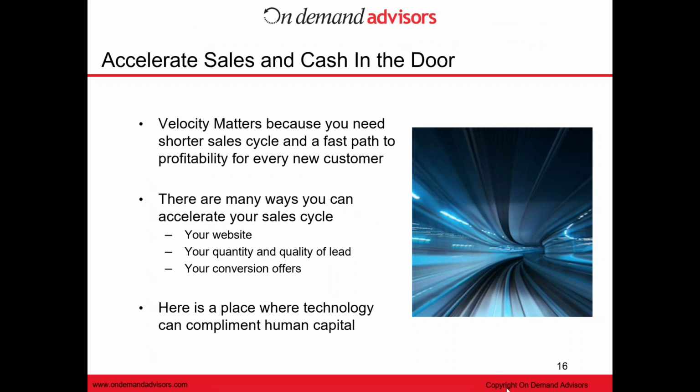So really, based upon what Craig was sharing with you, it is about velocity. Velocity is important. Velocity matters. Craig just shared with you how you can gain velocity with your buyer coming to your website. We talked earlier about building your revenue growth engine so that you have the right quantity and quality of leads.